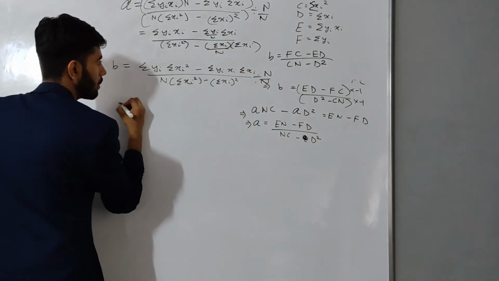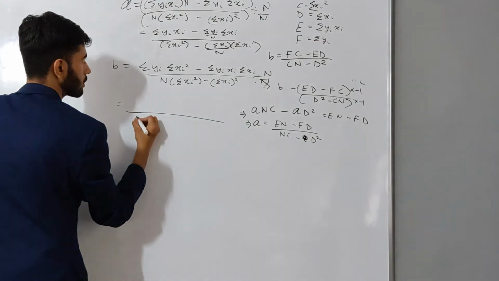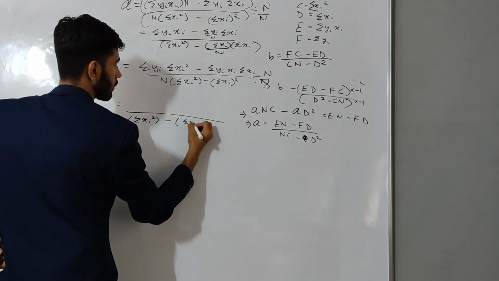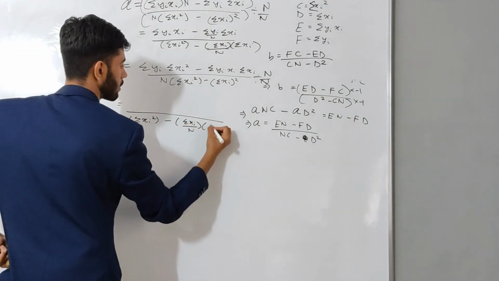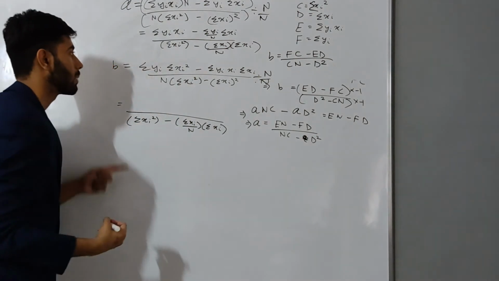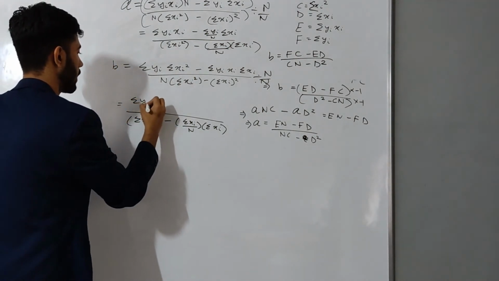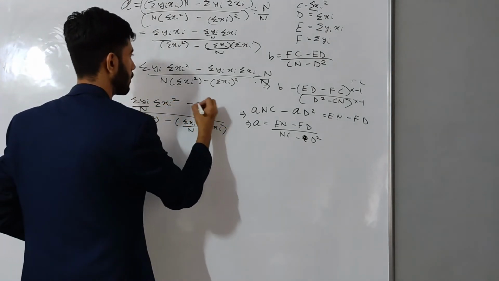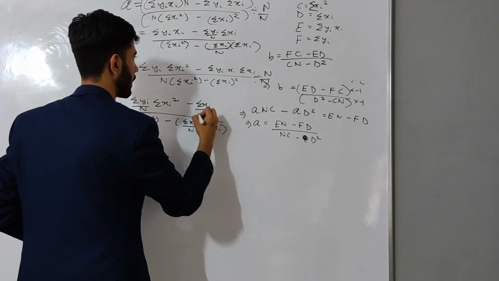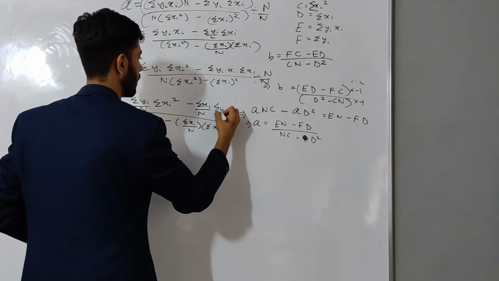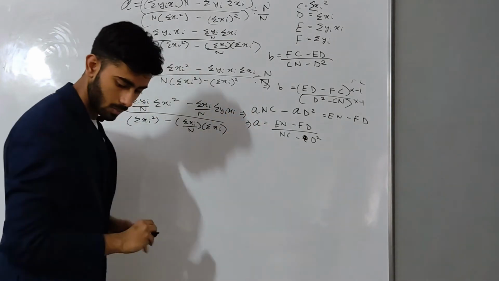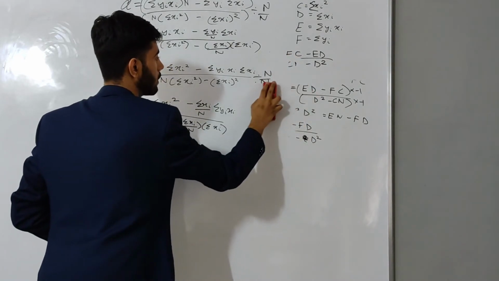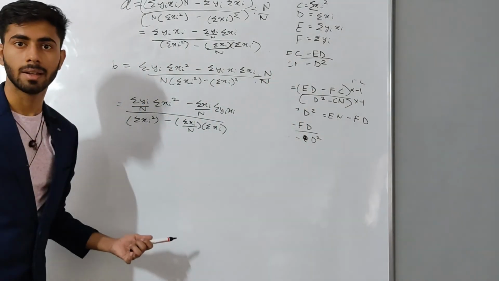And similarly in b, my denominator is going to look like summation of xi whole square minus summation of xi divided by n times summation of xi, and my numerator will look like summation of yi divided by n multiplied by summation of xi whole square minus summation of xi divided by n multiplied by summation of yi xi. So these are my new values of a and b.